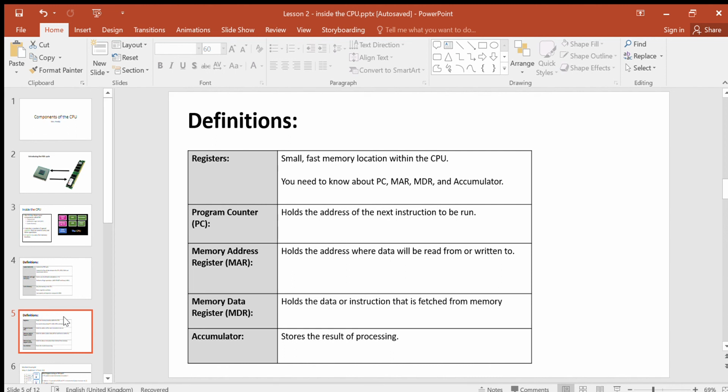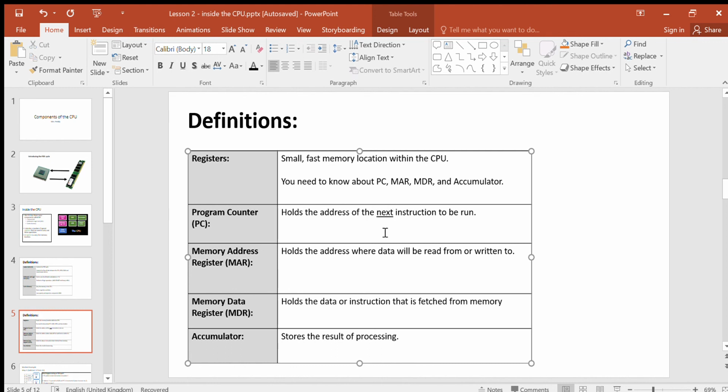The 4 that you need to know about are the PC, the MAR, the MDR, and the accumulator, which we'll talk about now. These definitions will seem quite abstract, but as we go through a worked example, they should hopefully make more sense. The program counter holds the address of the next instruction to be run. That word next should probably be underlined, as it's super important in terms of your definition.